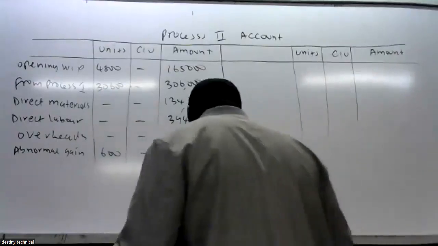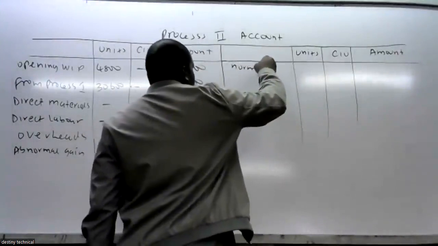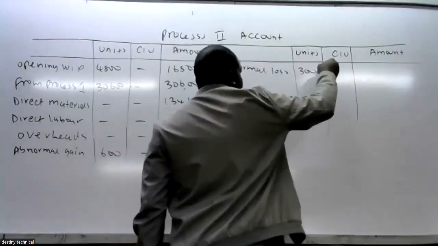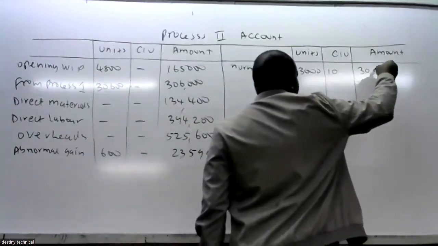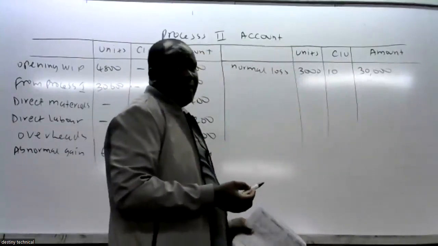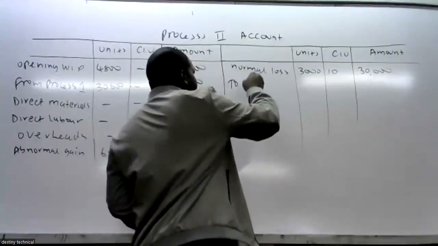Then on this side, there is the normal loss. It was 3,510. Then output was equal to process 3.